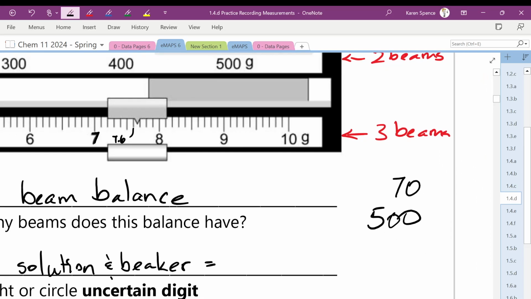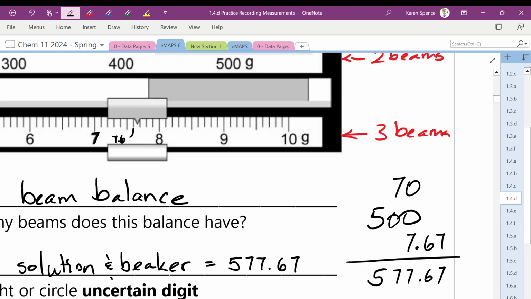So I'm going to say that we're probably at 7.67. What do you guys think? Okay, or you could put 8, or you could put 6. And now we're going to add those all up. 7, 6, 7, 7, 5. And you get 577.67.